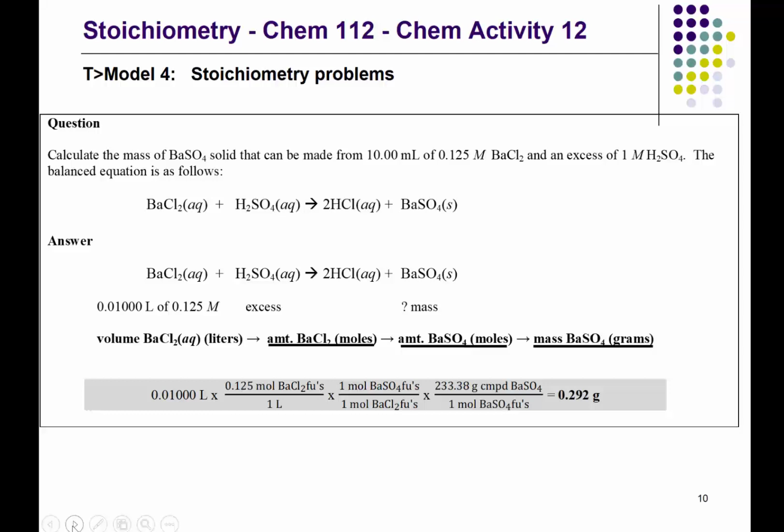Now in this case, the balanced equation shows us 1 mole of barium sulfate is produced from 1 mole of barium chloride. Of course, it could be any sort of ratio based on the balanced chemical equation. And then finally, instead of trying to find a certain volume of solution or concentration of a solution, I'm asked to determine the mass. So I'm going to need to use the molar mass.